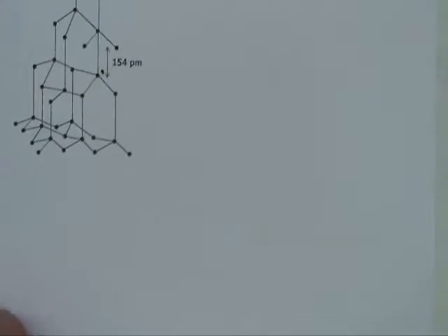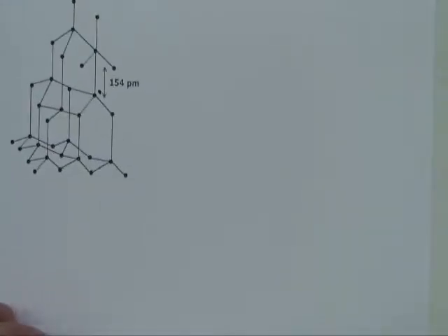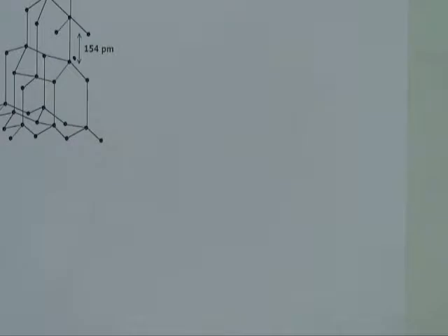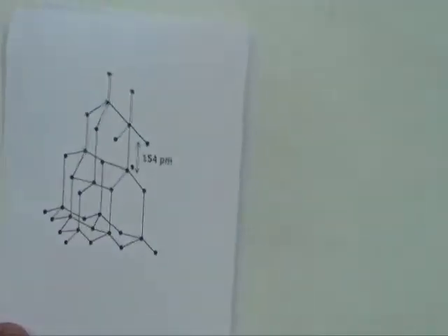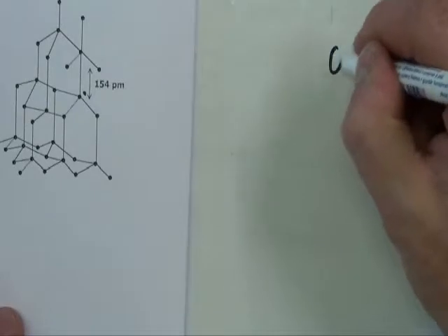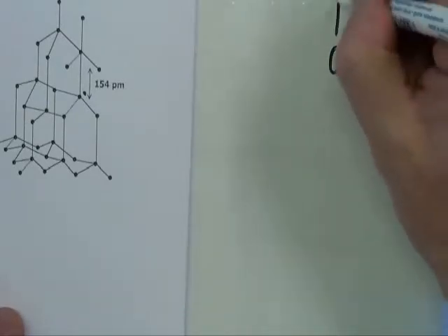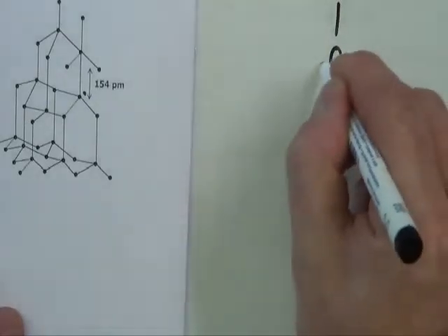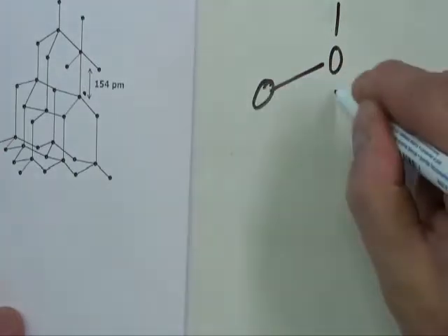That's the first thing. The second thing that we need to take into account is the actual arrangement of these atoms to each other. Okay? And they are in what we call in chemistry a tetrahedral arrangement. So, in other words, if I have a carbon here, I have another carbon above it, and then we have this sort of three-dimensional setup.